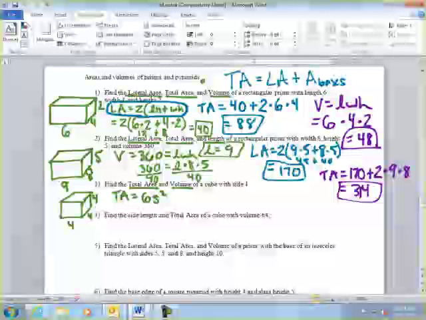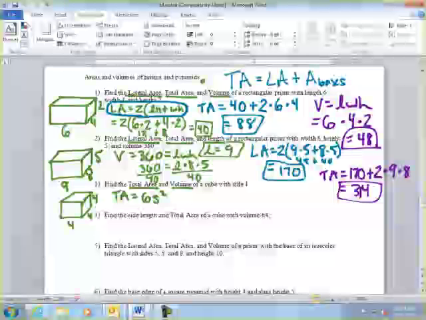Now, you don't have to memorize that, but let's think about why that formula is what it is. Squared. What would that be? Find the area of one side, because in a cube, all of the sides are what shape? A square.